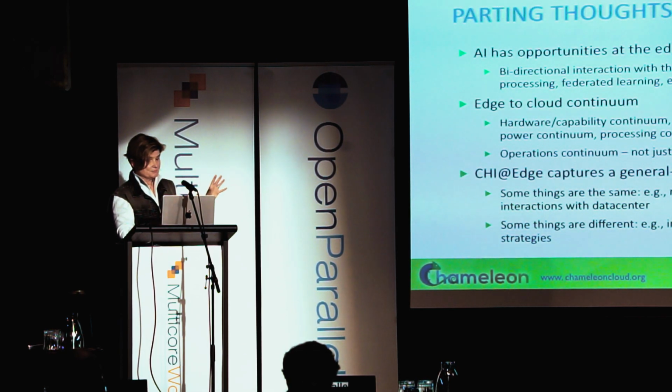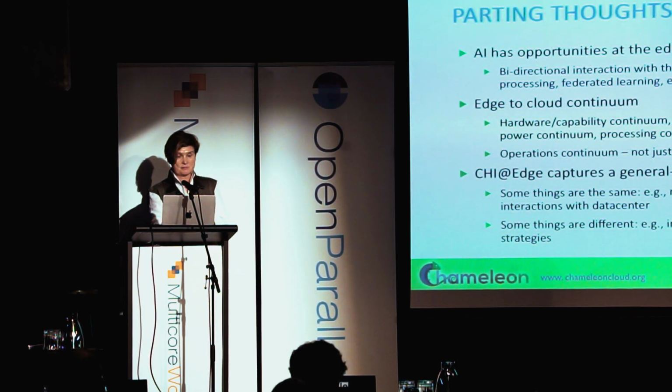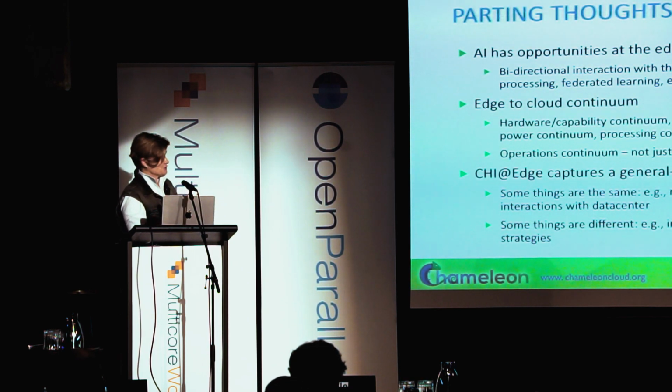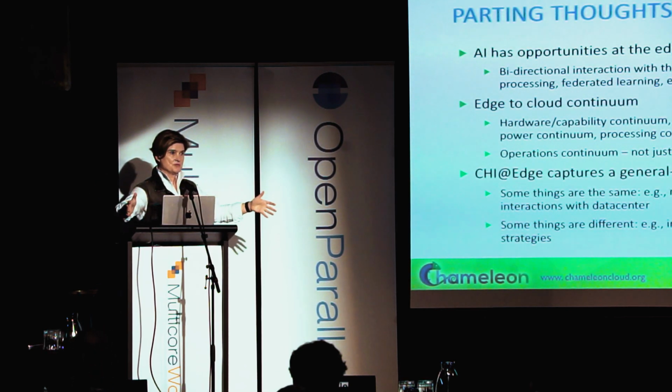So Chi at Edge captures a general purpose continuum research infrastructure, general purpose pattern. But some things we noticed are the same, right? So, for example, we have to manage all those devices at scale, right? This is the same from one application to another.